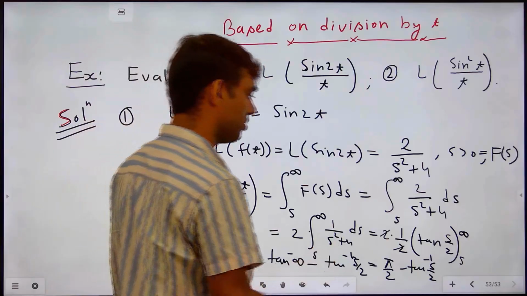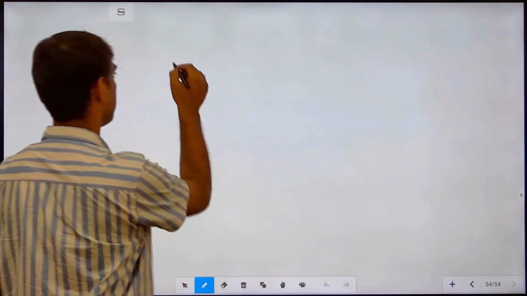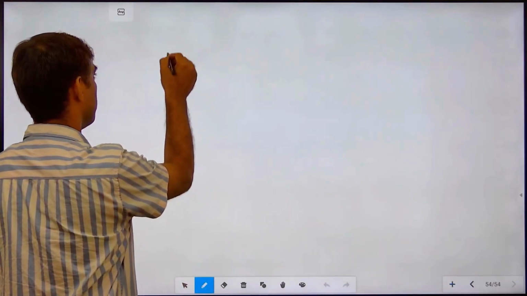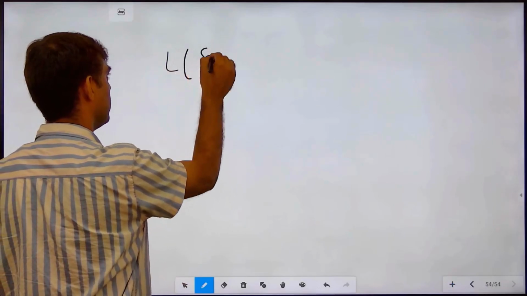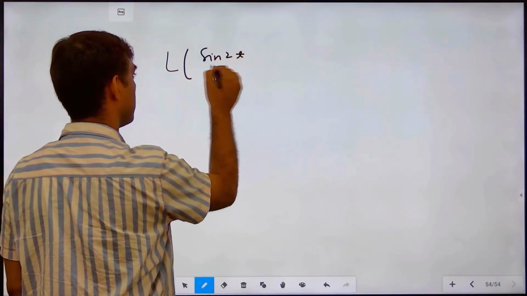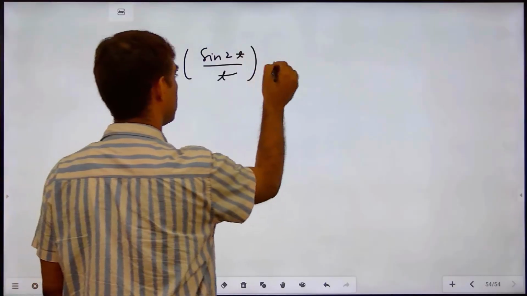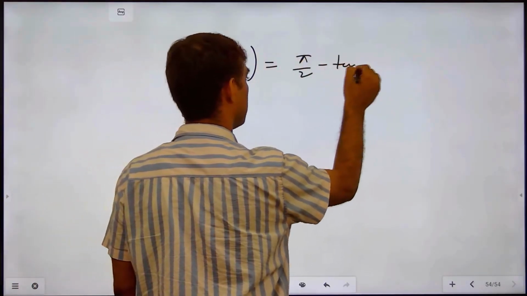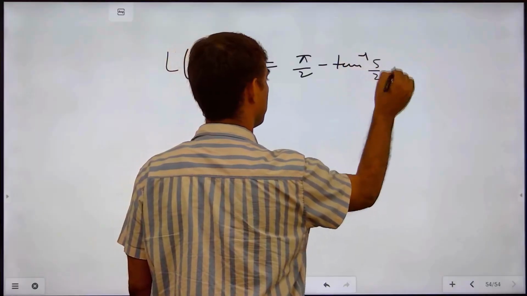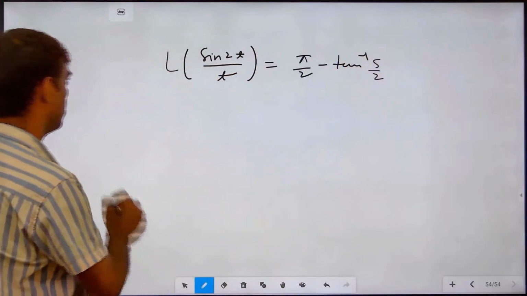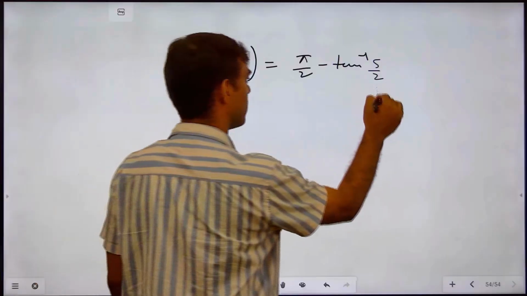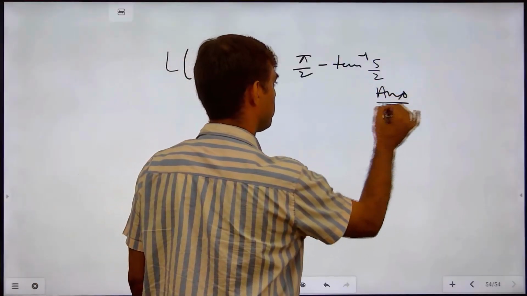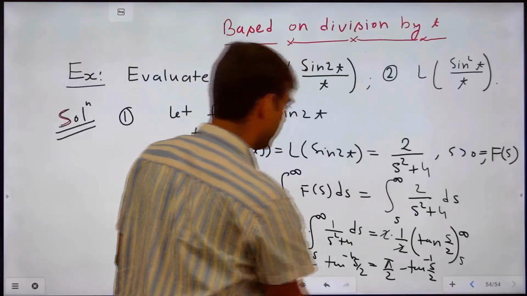So, this one is the answer. So, what is the answer? The Laplace transform of sin 2t upon t is pi by 2 minus tan inverse s by 2. This is how we solve this one. Now, how do we solve the second problem?